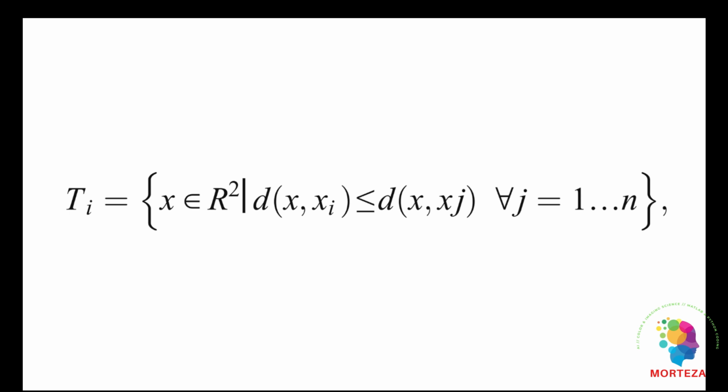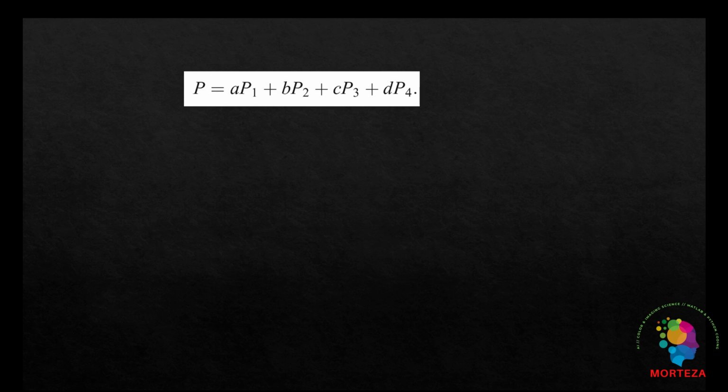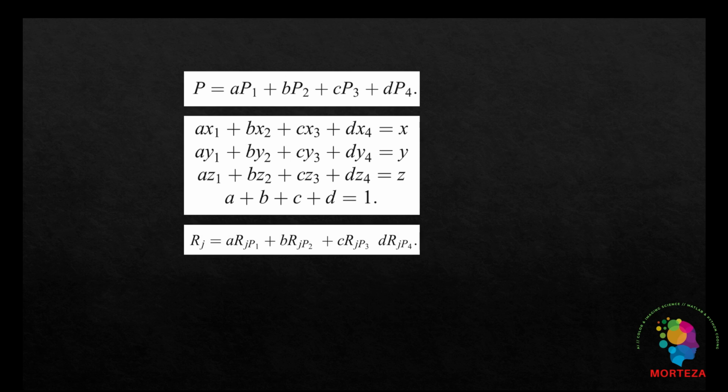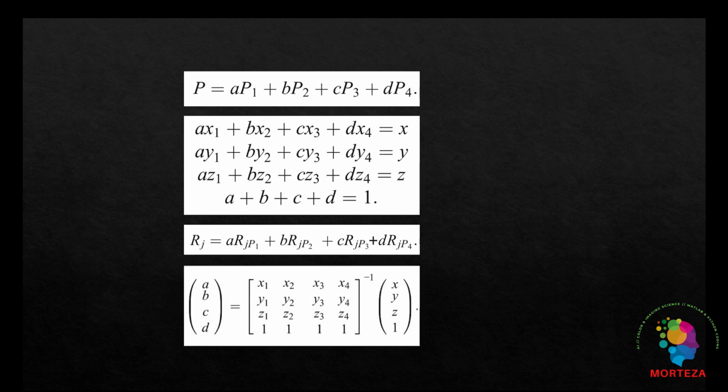The value at point P located at x, y, z in the tetrahedron can be calculated through the linear interpolation polynomial as shown here. Then the coefficients a, b, c, and d can be obtained by solving the linear system of equations as shown here. Accordingly, the R value at point P located at x, y, z inside the tetrahedron can be calculated by this equation. The weights a, b, c, and d are called barycentric coordinates of the point P in the tetrahedron P1, P2, P3, P4. The coefficients a, b, c, and d can be computed through the matrix equation as demonstrated here.